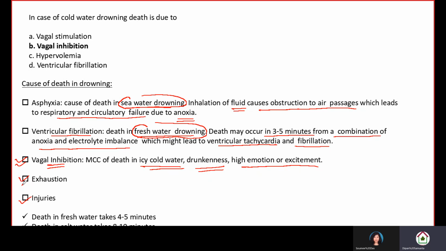For example, if somebody gets into cold water or a big water body like the sea or ocean accidentally, from a boat accident or anything, how long can they stay in the water?